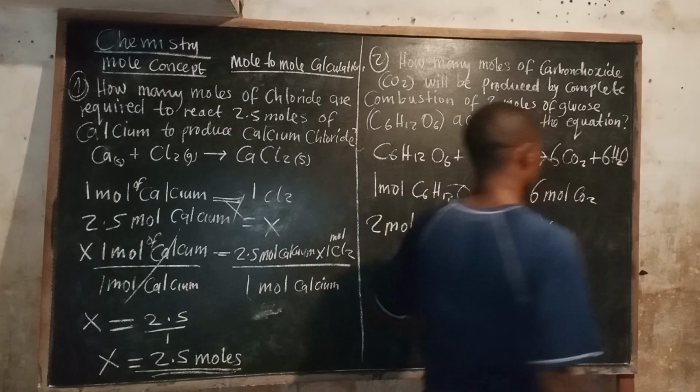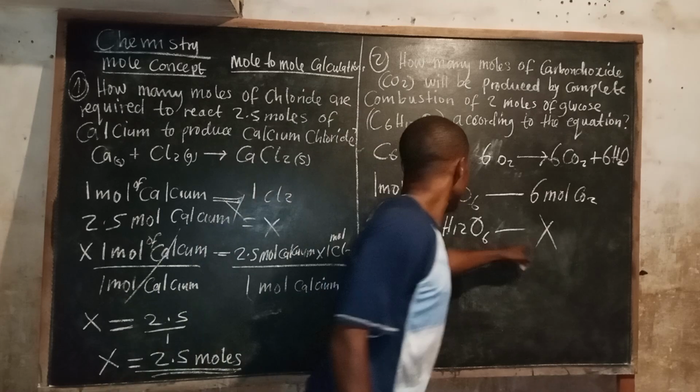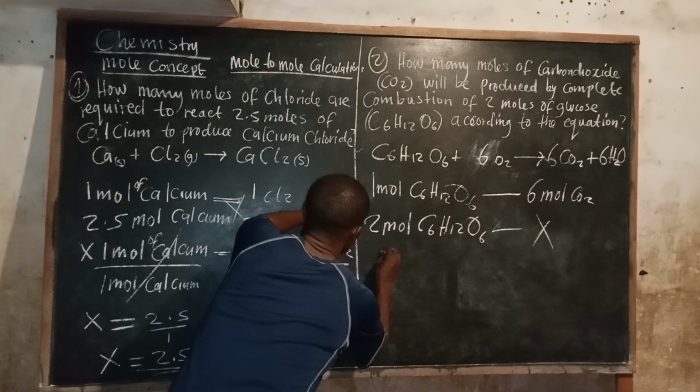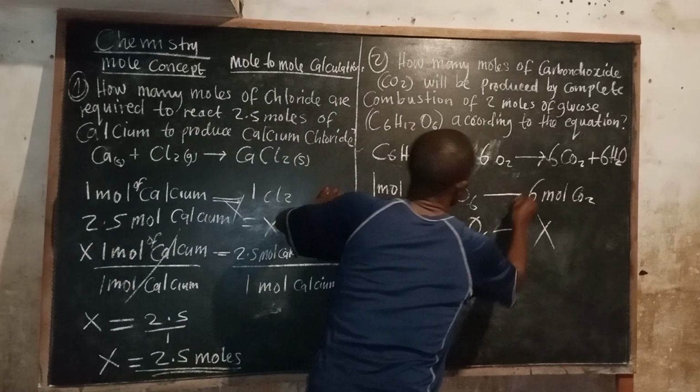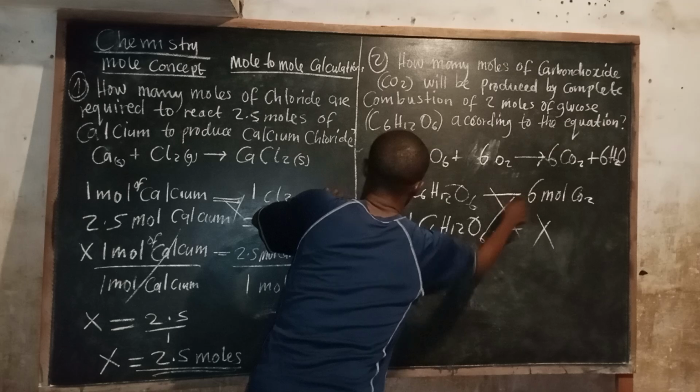Here we don't know, so we are going to put x. So x times 1 mole, cross multiplication, this is direct proportion. So this times this one, then this one times this one.